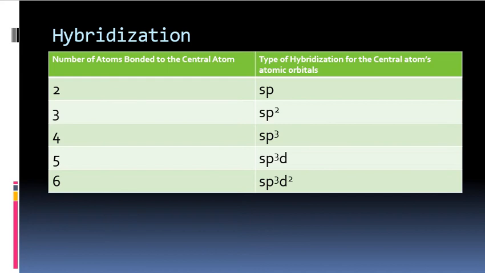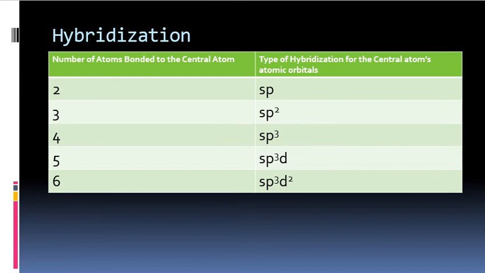Now in the case of an atom bound to 3 different atoms, the central atom will need to hybridize 3 of its atomic orbitals, so its s orbital and its first 2 p orbitals, forming sp2 hybridization.